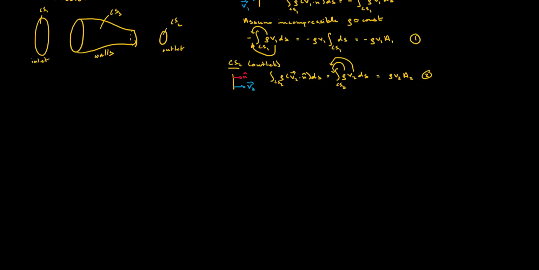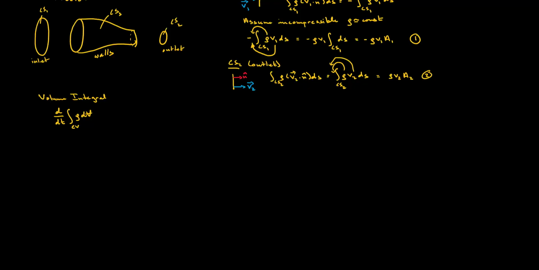Okay, finally we turn our attention to the volume integral. So the volume integral is the first term, which states the time rate of change of the mass within the control volume.